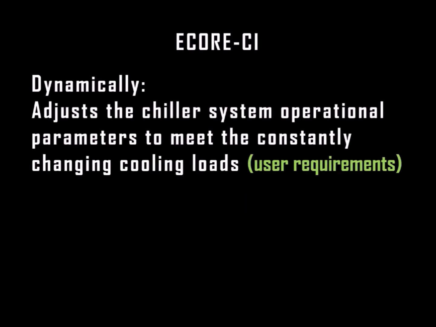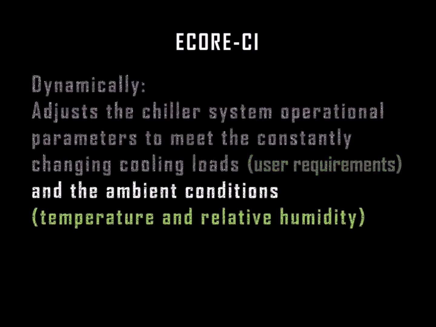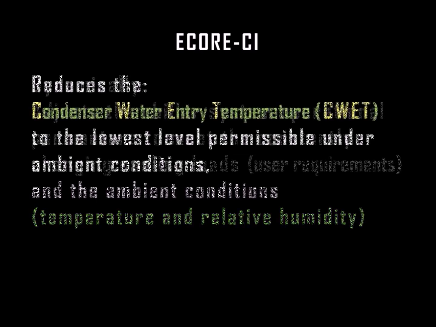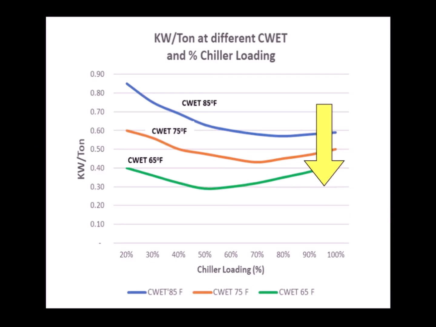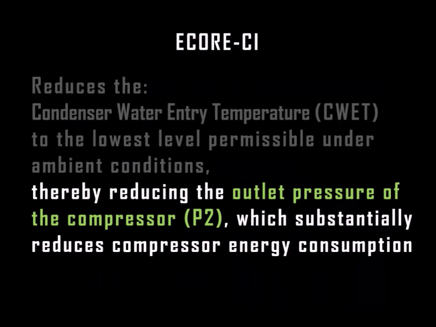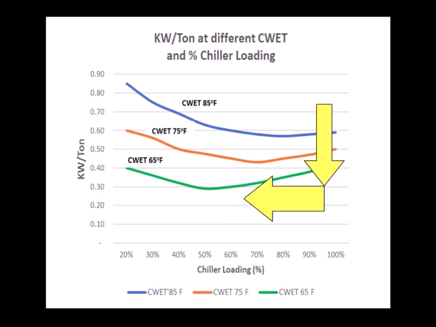ECORE-CI dynamically adjusts the chiller system operational parameters to meet the constantly changing cooling loads, that's user requirements, and the ambient conditions such as temperature and relative humidity. ECORE-CI reduces the condenser water entry temperature, CWET, to the lowest level permissible under ambient conditions, thereby reducing the outlet pressure of the compressor P2, which substantially reduces compressor energy consumption.